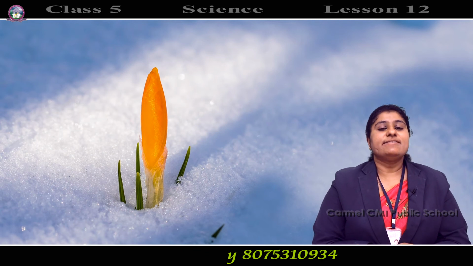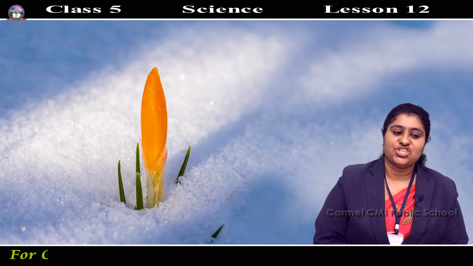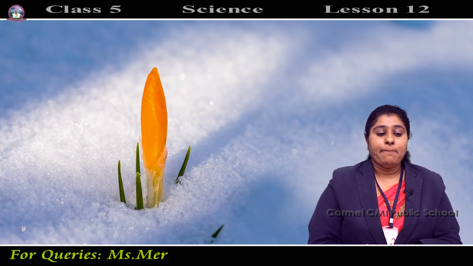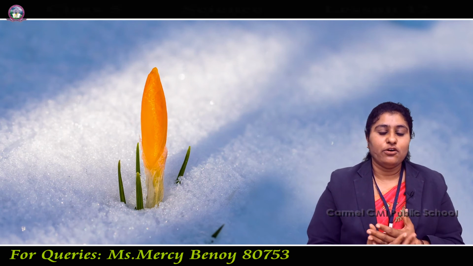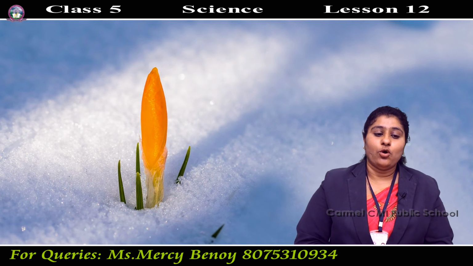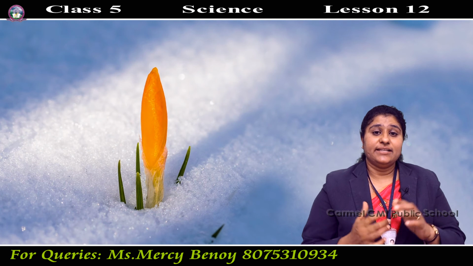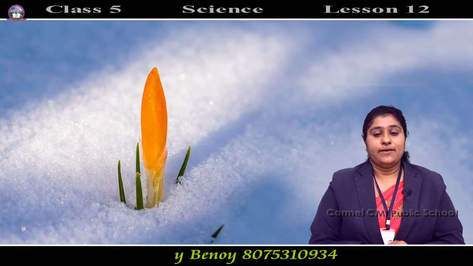Translucent, a material through which light passes partially. And what are opaque? A material through which light does not pass. Then next we learned about shadow. How does a shadow form? A shadow is formed when an opaque or translucent object comes in the way of light. So these are the things we have studied today.